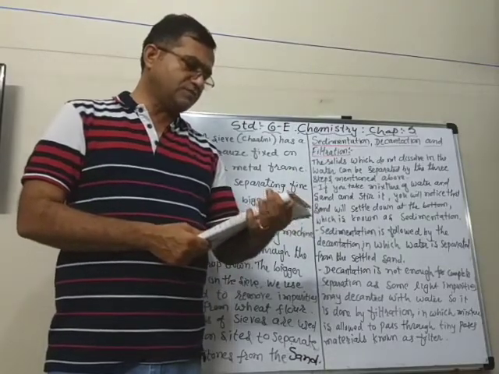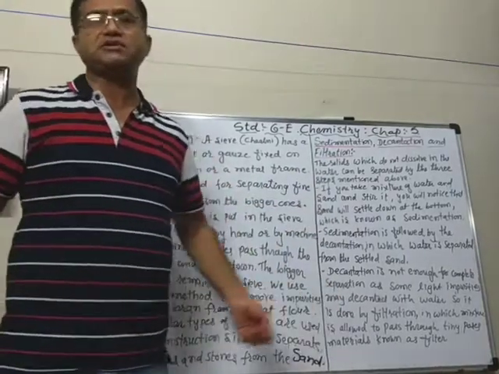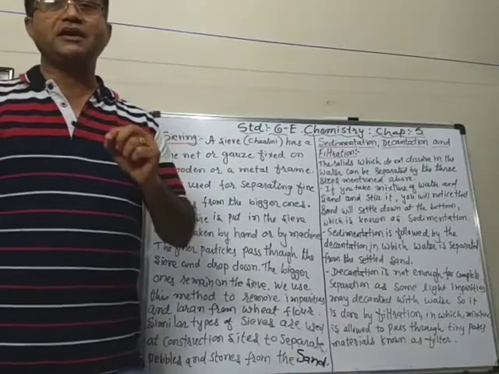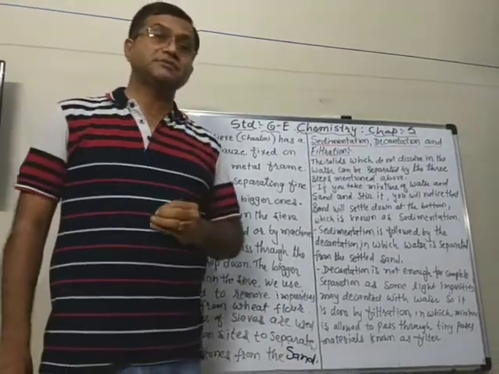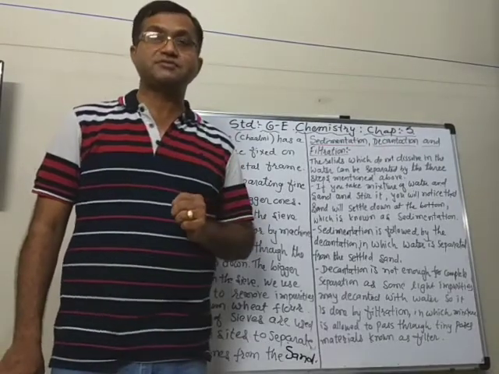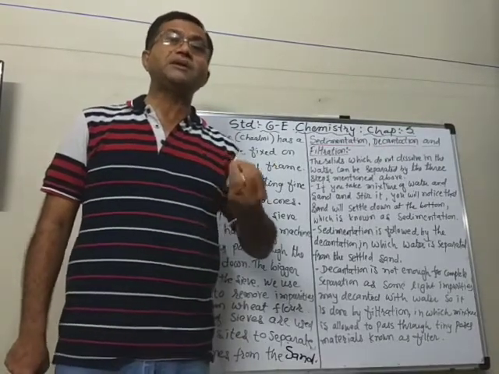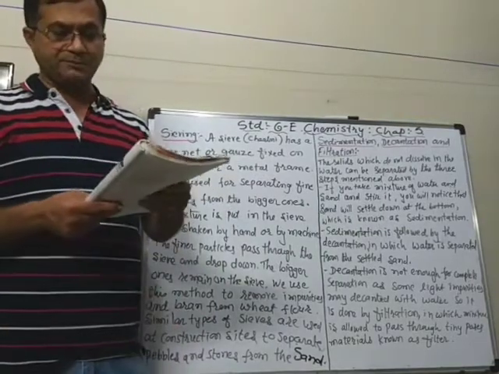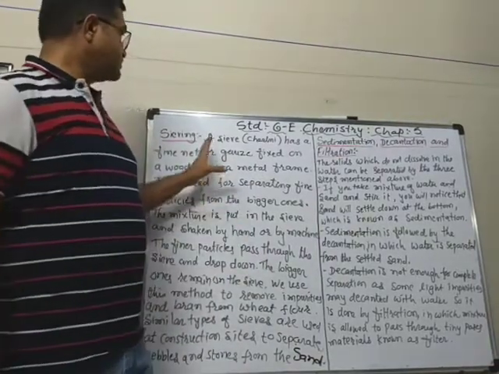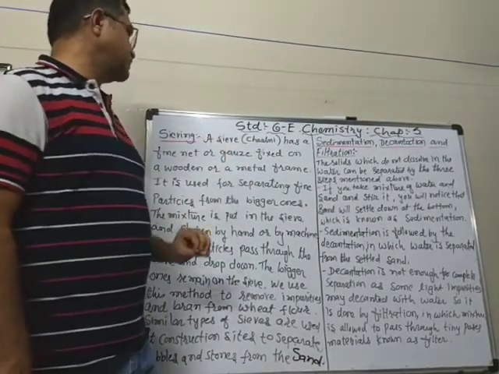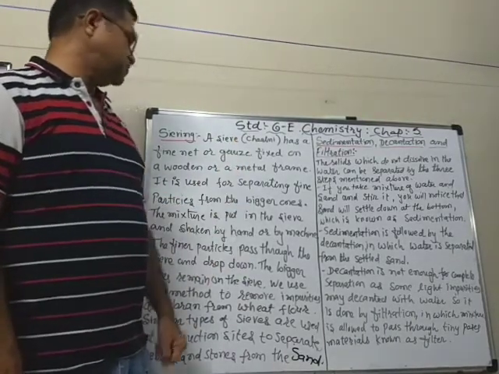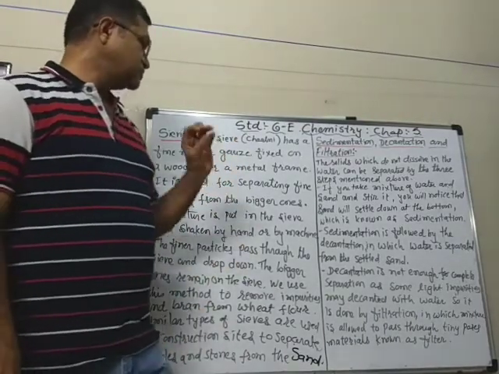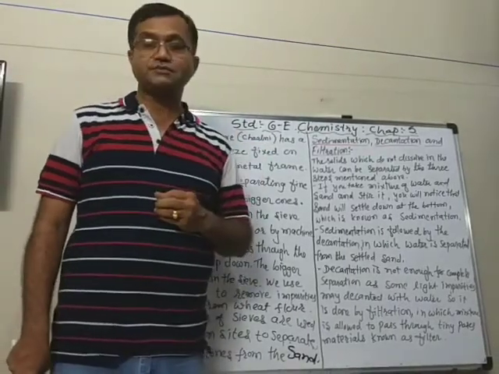And as I told you, we can use the sieving method only when the mixture has particles of different size. Otherwise, we will not be able to separate them. So that is the method of sieving, to separate the components from the mixture when they have different sizes.